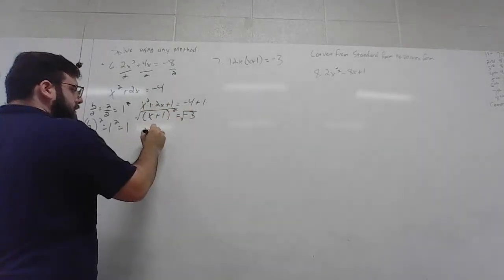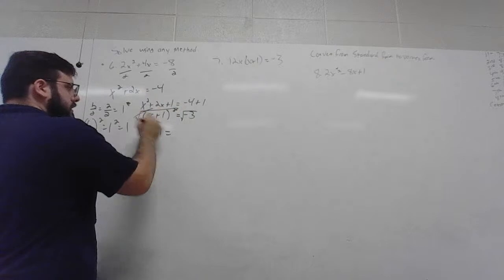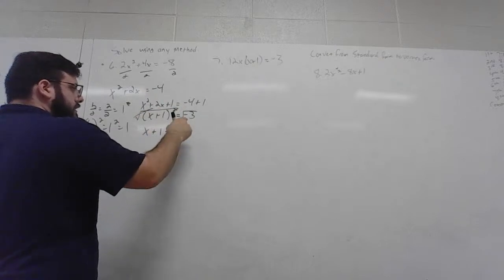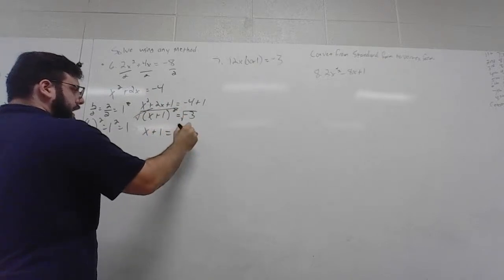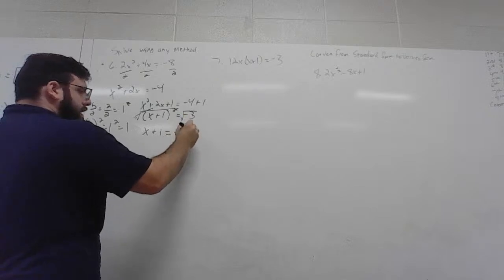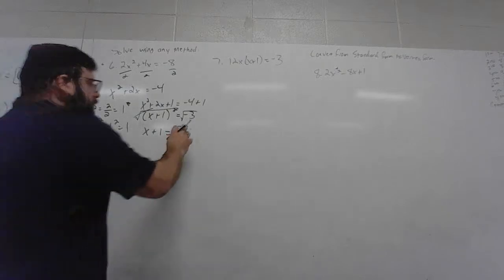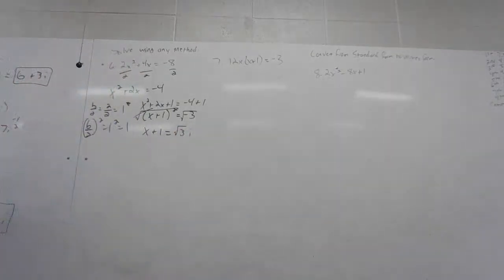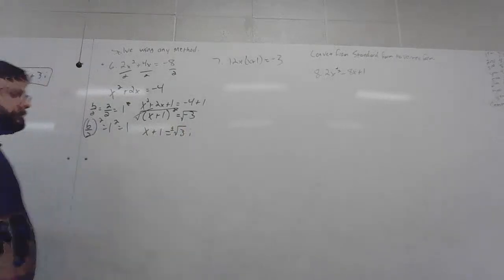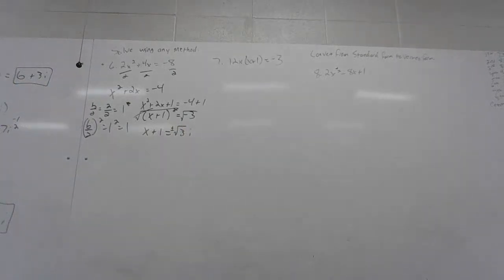So x plus 1 is equal to the square root of 3. And because I have that negative, I'm going to put an i on the outside of that square root. Please make sure that you don't put your i inside the square root. Write it so that I know that that i is outside the square root. And also, don't forget plus or minus.